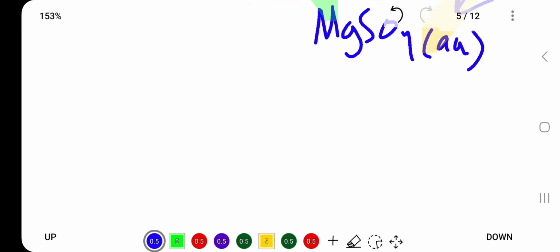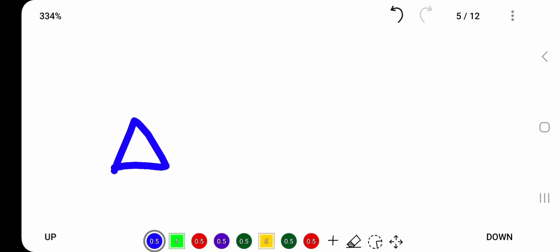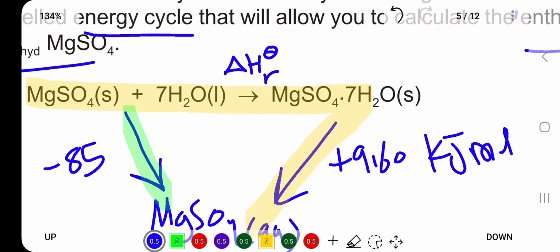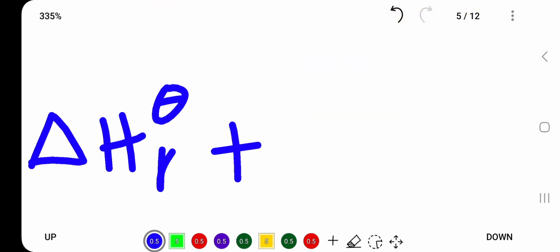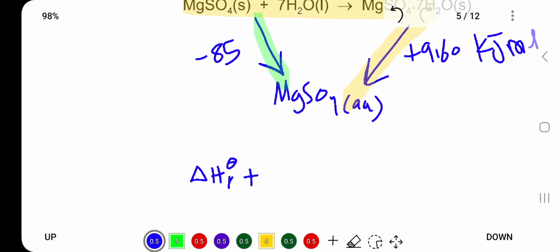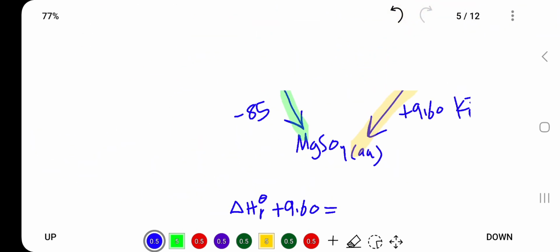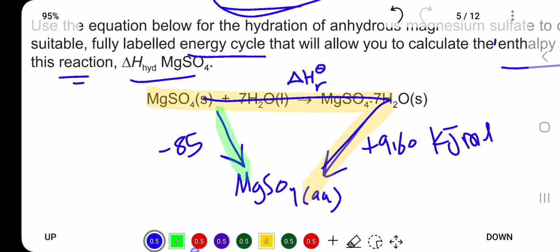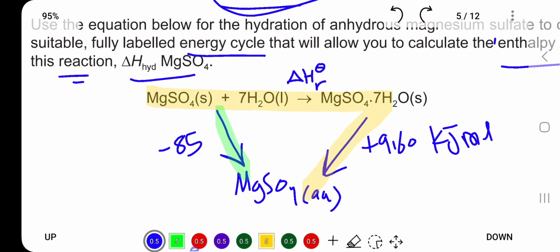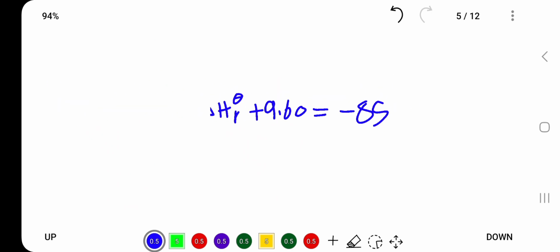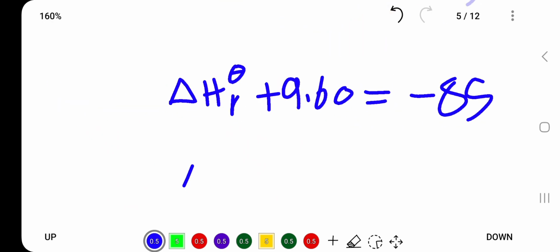So what you want to find, plus, as they are the same road, you could say, plus 9.60 equals, as let's say they are the equal thing, this line equals this line, so you equal them, equals minus 85. Now you want to try to find for this again.